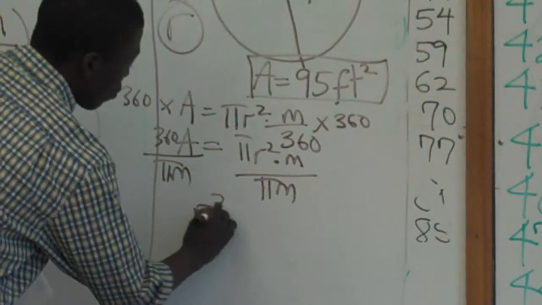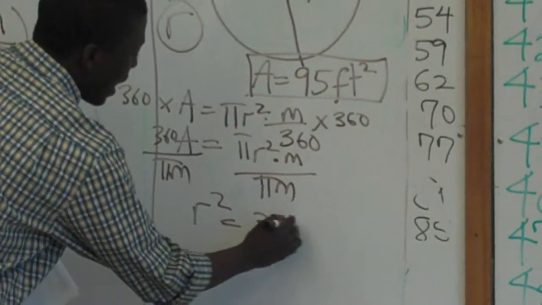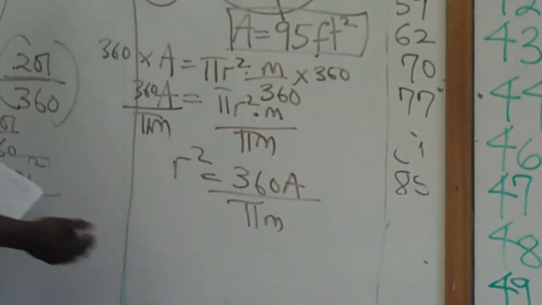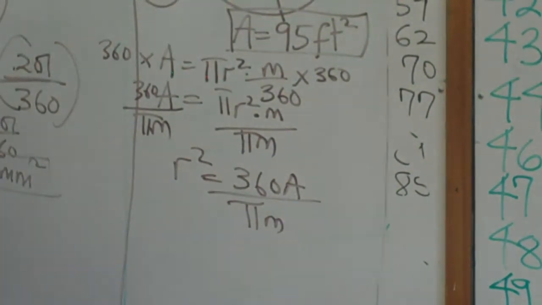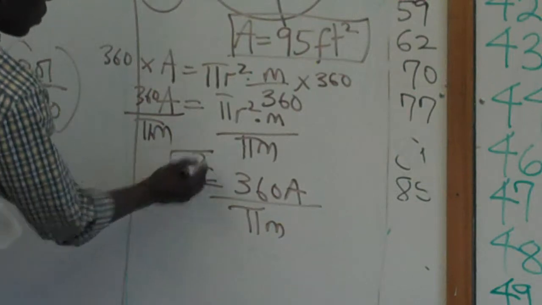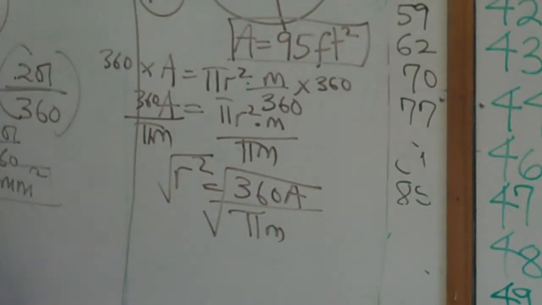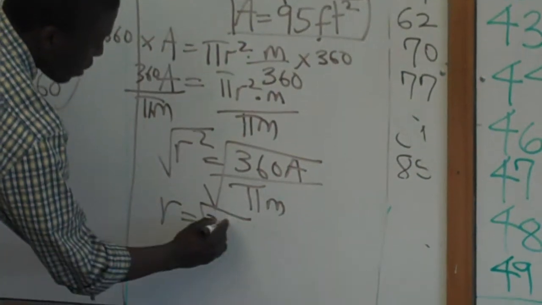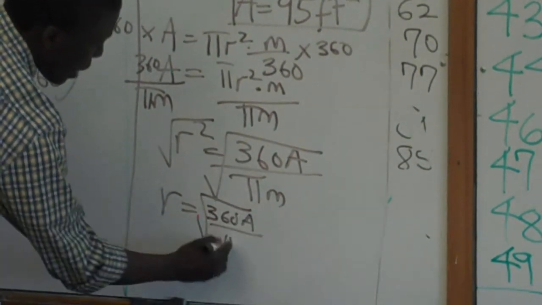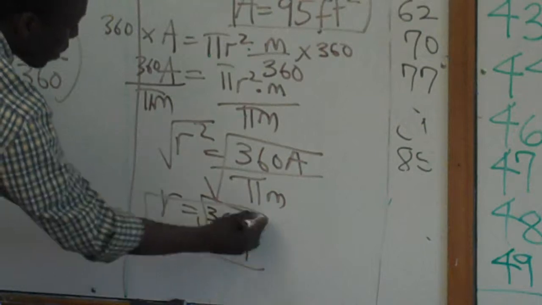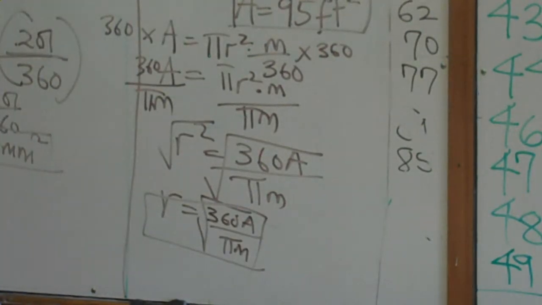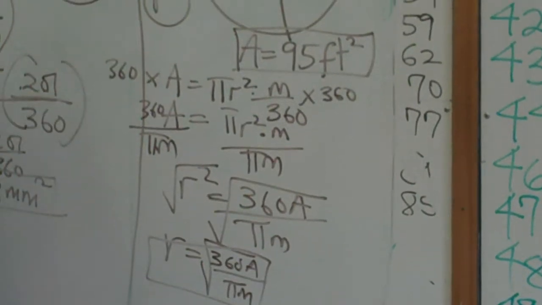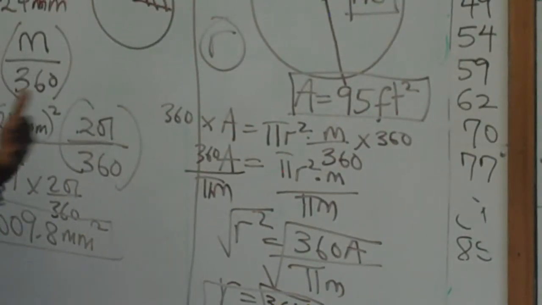We now have r squared is equal to 360A divided by pi m. Well, we're not looking for r squared, we're looking for r. So we take the square root of both sides. So r is the square root of 360A divided by pi m. That's r, and we're done with making r the subject of the formula.